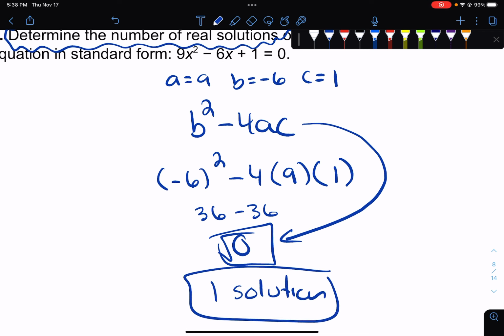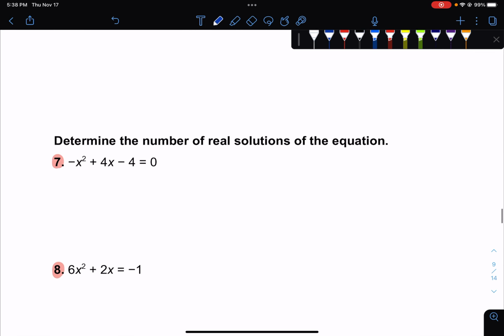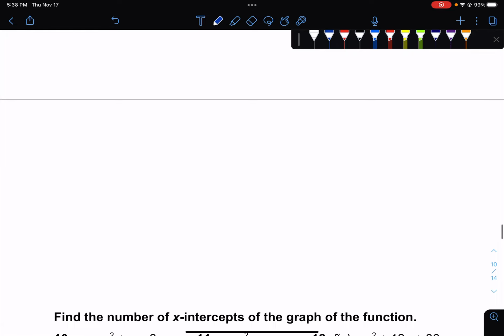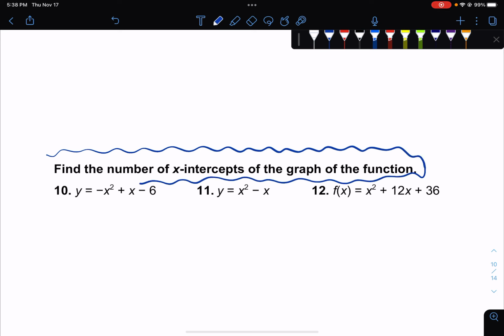Don't do the entire equation, just do the b squared minus 4ac if it's asking for the number of solutions. Or it likes to also word it, let me see if it's on here. Yeah, it likes to say find the number of x-intercepts. That's the same question that we just answered. That's the same question as how many solutions are there.